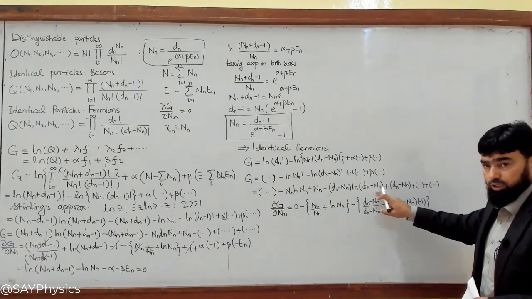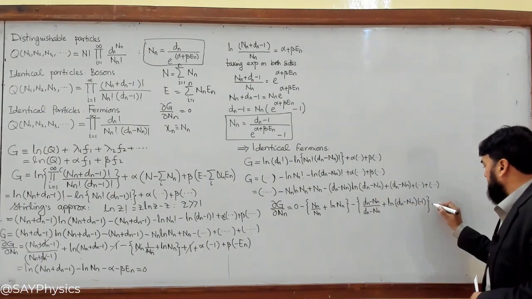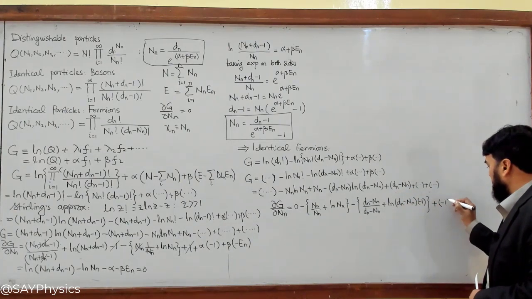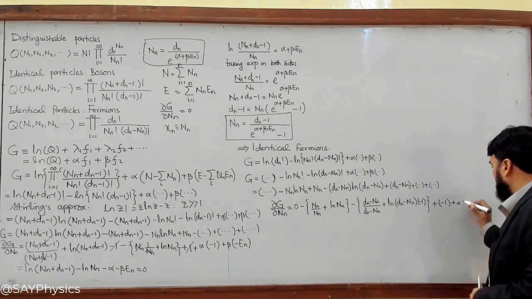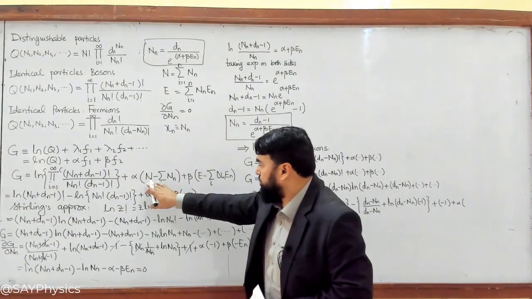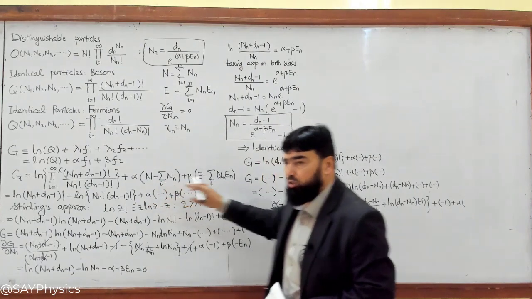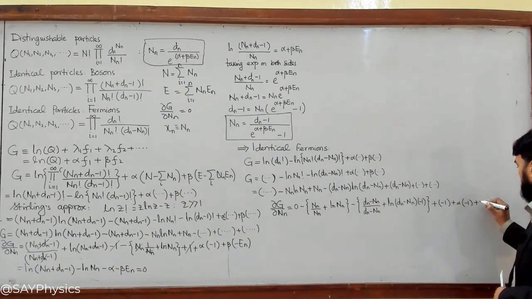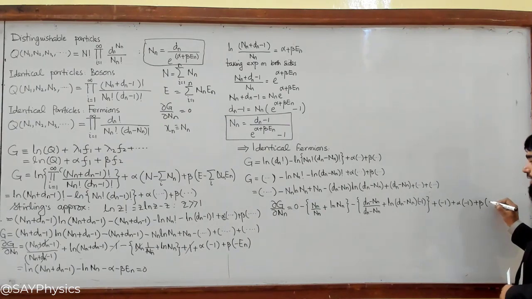And then it will be the next term. This term is done, and plus this one is 0 and this is minus 1, so minus 1 plus alpha, and with alpha this constraint is multiplied, so it is minus 1. As in the previous we did this, plus beta, and it is, beta is minus en.